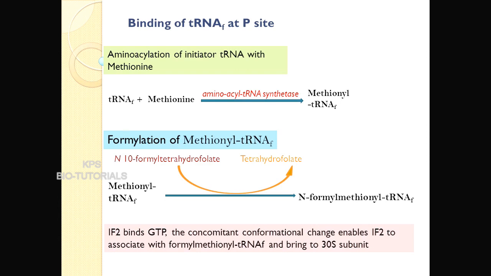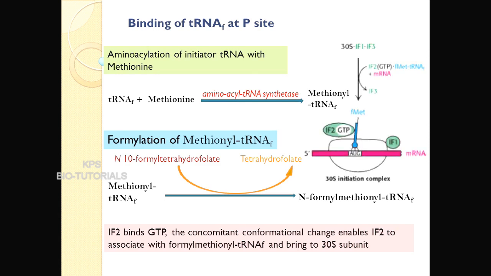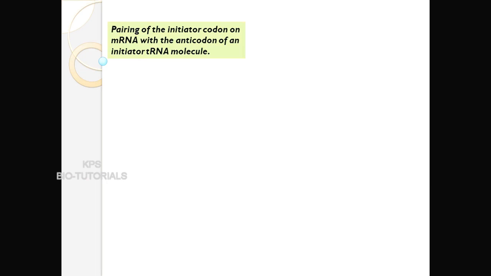So the function of IF2 is to transport the N-formyl methionine tRNA-F to the site of protein synthesis, or to the P site of the 30S subunit of the 70S ribosome. After entering, the initiator tRNA with the initiator amino acid will read the codon.